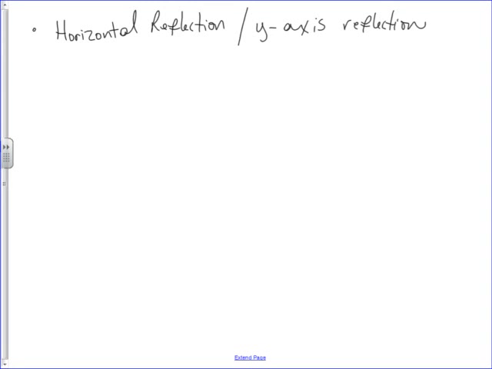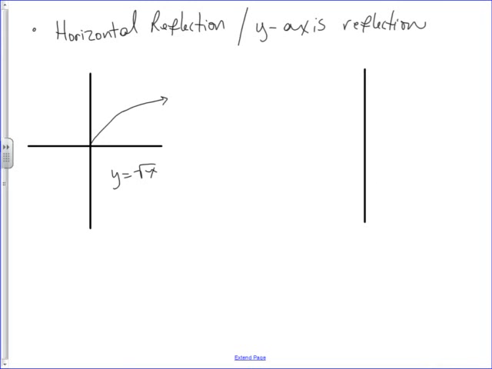Alright, let's do some examples. Let's go back to our square root of x graph. If you remember, the square root of x looks something like so. This is y equals the square root of x. Now, to reflect this over the y-axis, you follow the same procedure you would do for the x, you're just flipping it over the y instead.